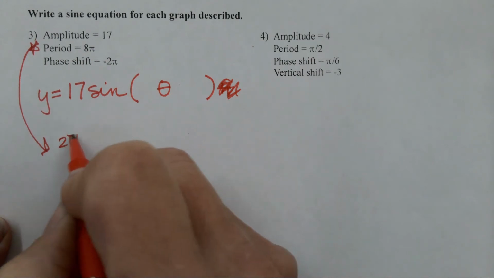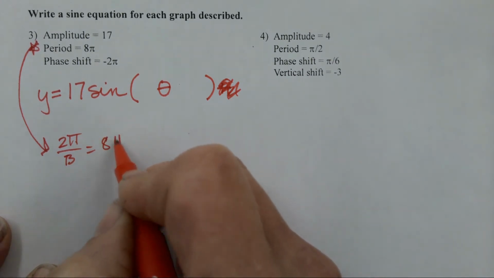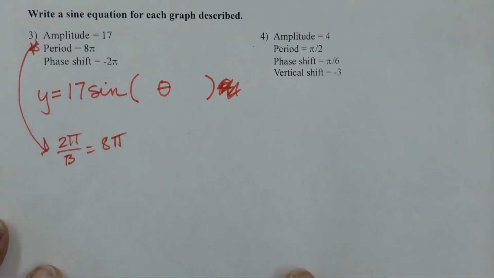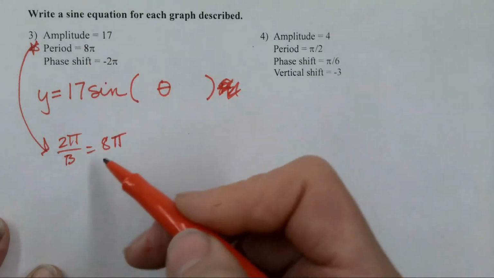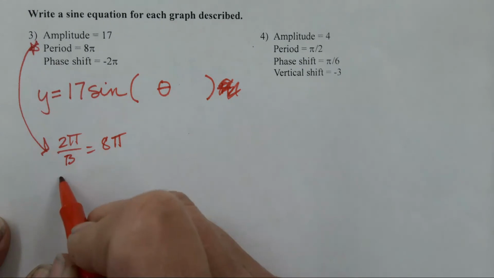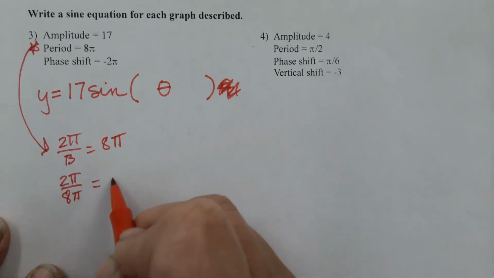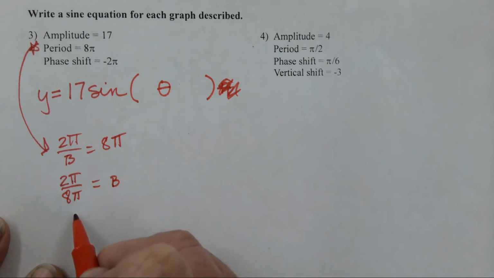Two pi over B equals 8 pi. Good? Solve. What's B?